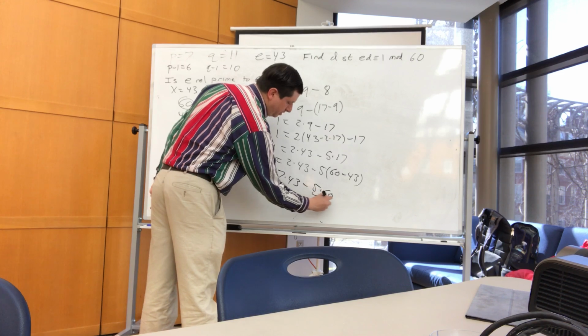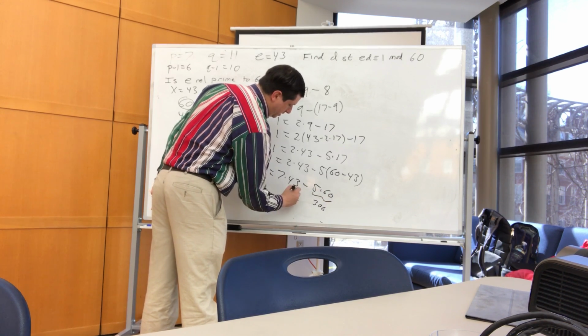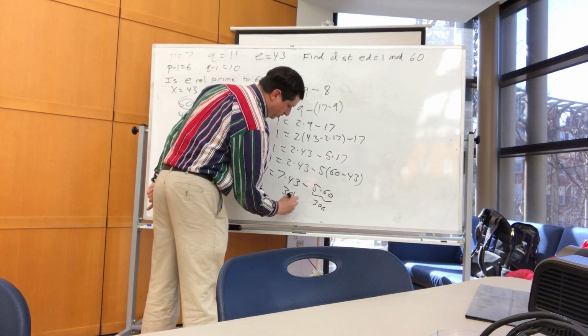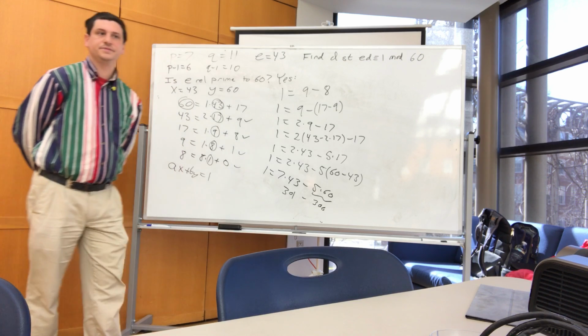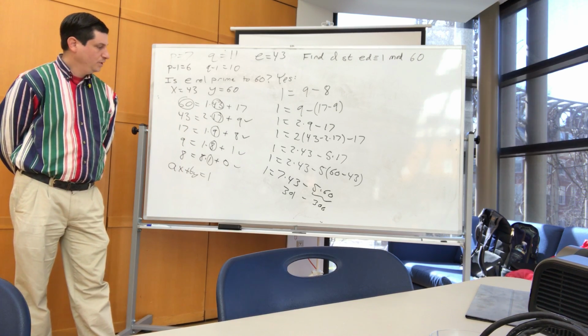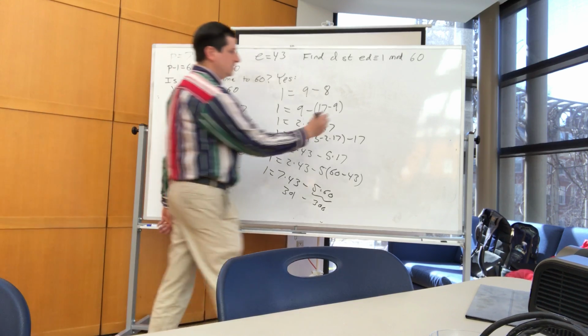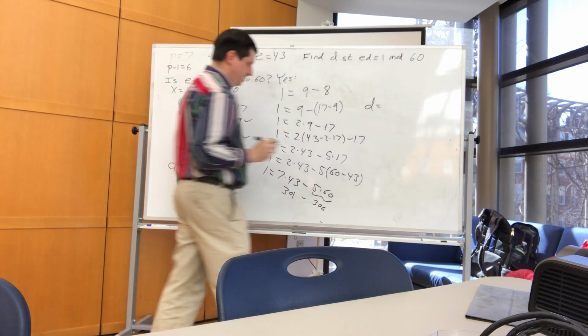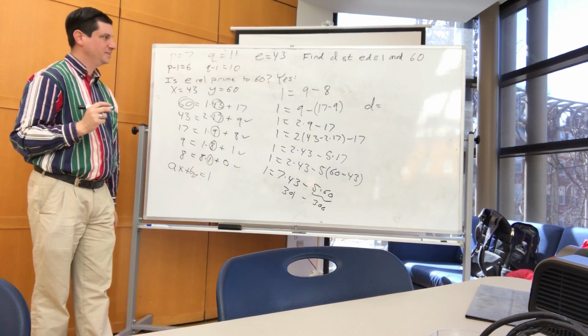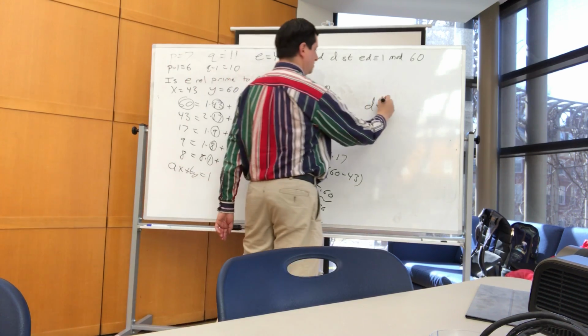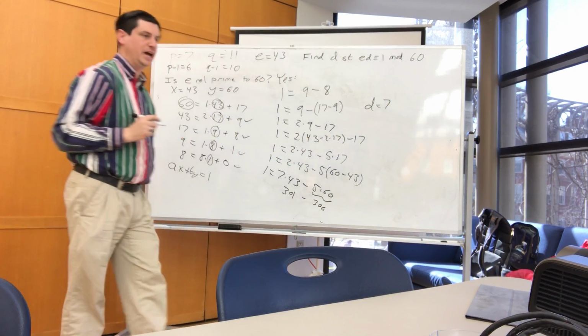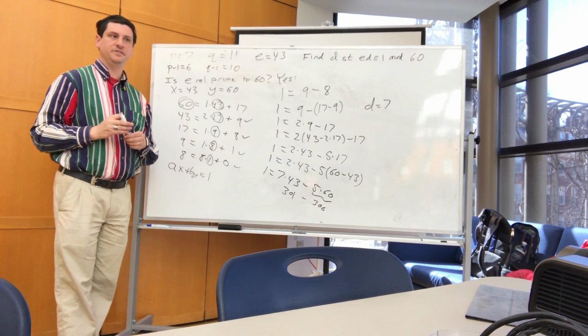So this is going to be 300, and this will be 301. And so what should D equal? The coefficient of 43, which is 7. And so we were able to find D.